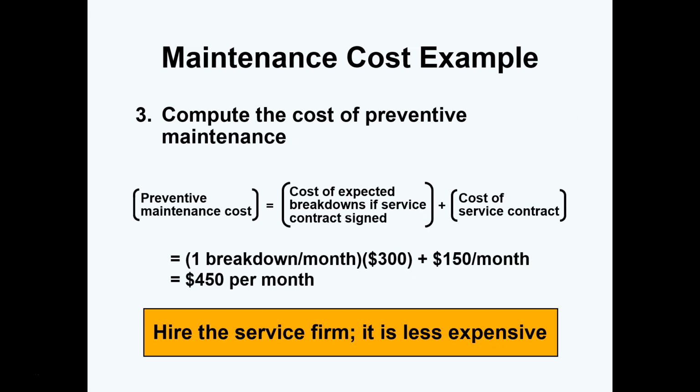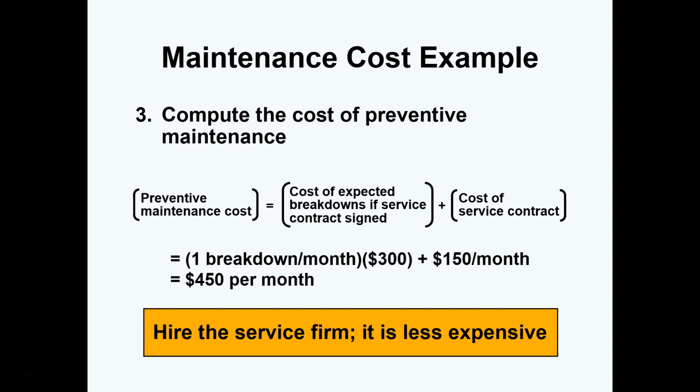If a service contract was signed at 150 per month, the average number of breakdowns will be 1 breakdown a month. Computing the cost of preventive maintenance, which equals the cost of expected breakdowns if the service contract is signed plus the cost of the service contract, will result in 450.